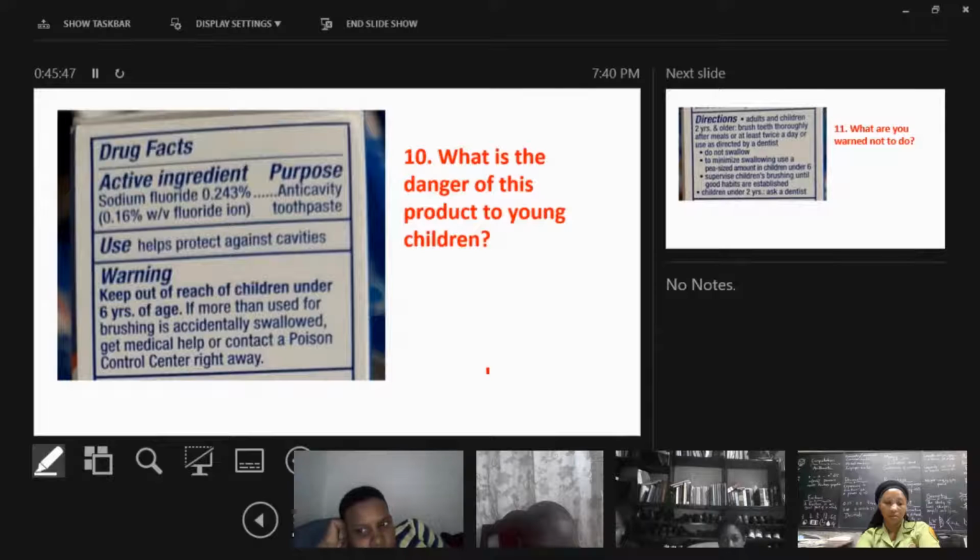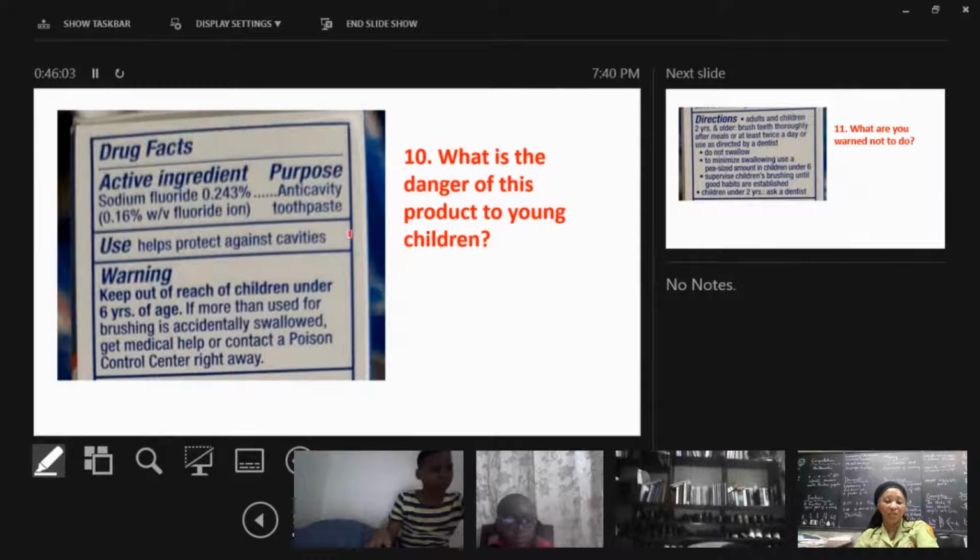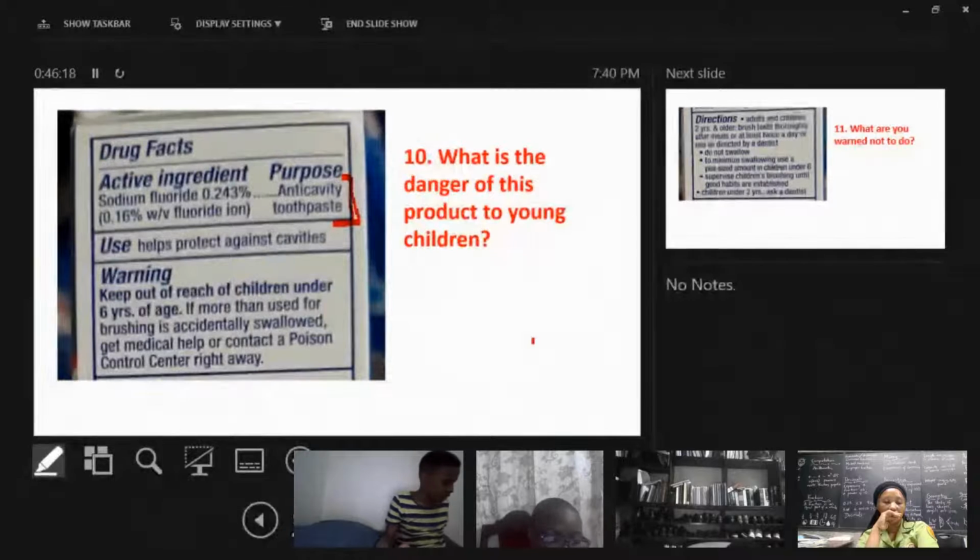Drug facts. Active ingredient, purpose: sodium fluoride 0.243%, anti-cavity toothpaste. I told you to read these two together, don't you? Anti-cavity toothpaste, 0.16% w/v fluoride ion.